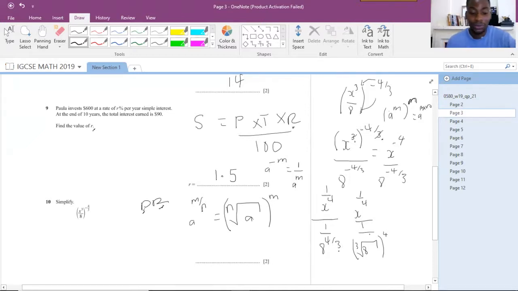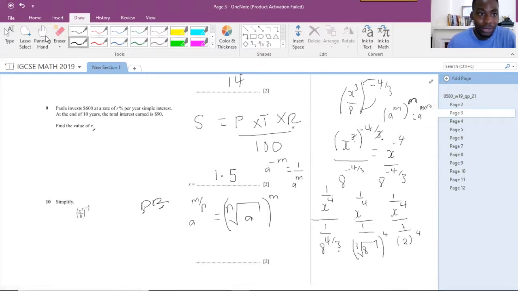So the third root of 8 will be 2, because 2 times 2 is 4, times 2 will be 8. So the third root of 8 will be 2. So we'll have 1 over x to the power 4 over 1 over 2 raised to the power 4.